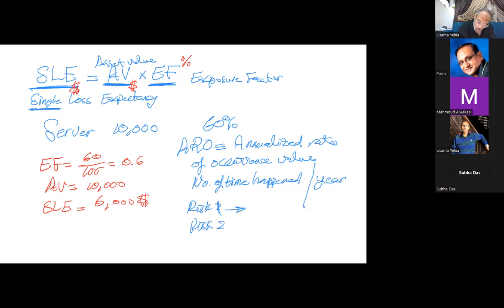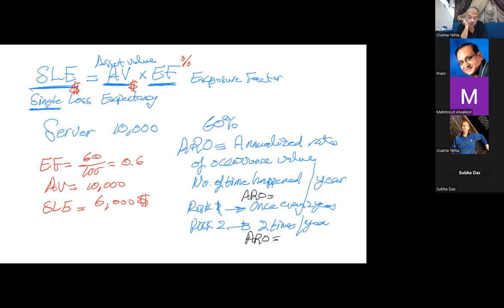Risk 1 will happen once every 2 years, and risk 2 will happen 2 times every year. Then what is the ARO value in each one of them? Okay, ARO value, this is 1 by 12 and this is 2 by 12.